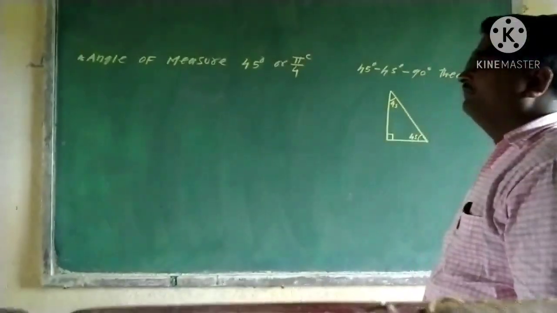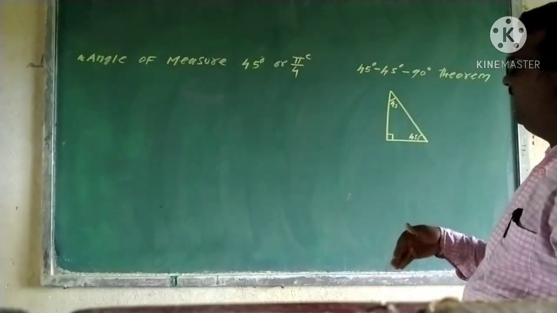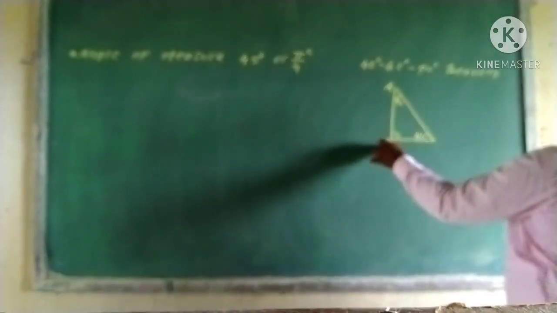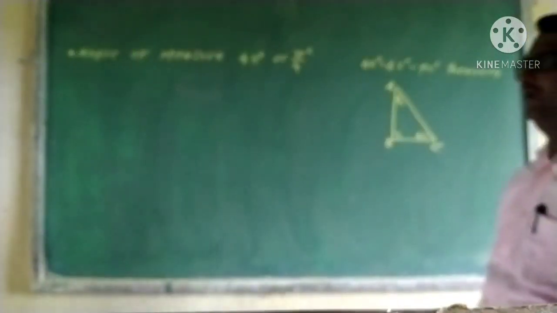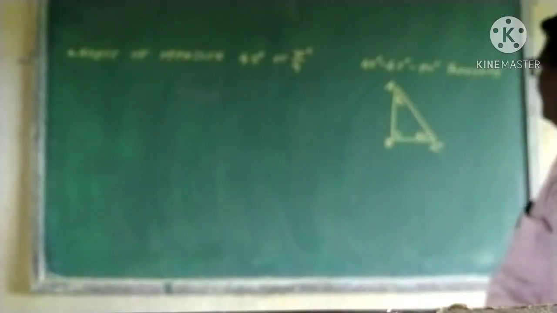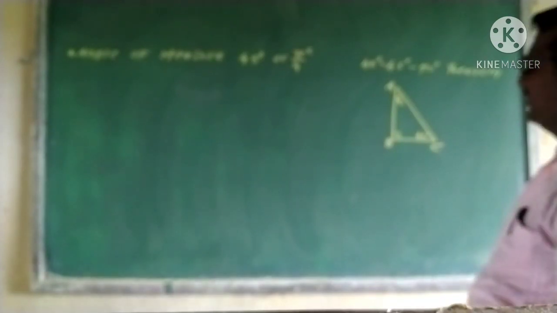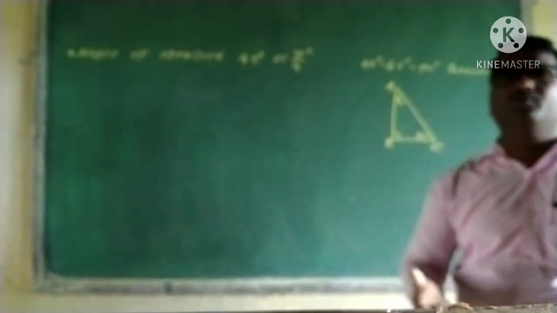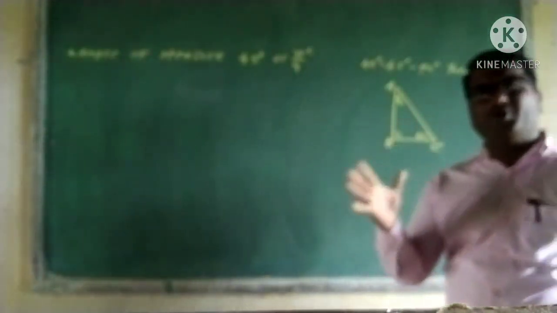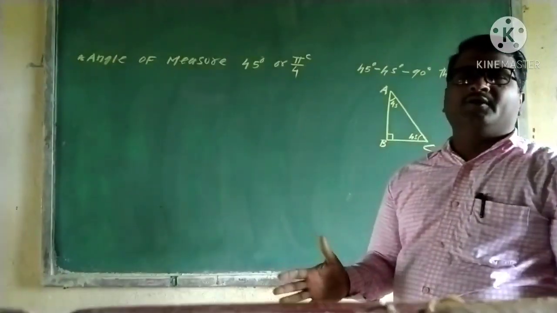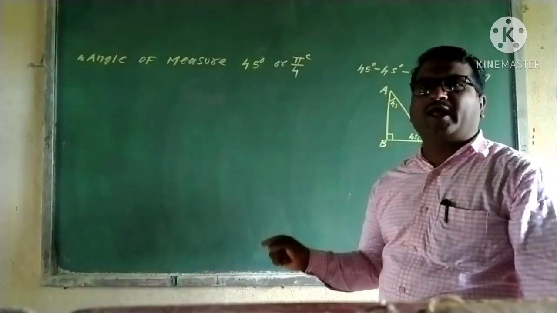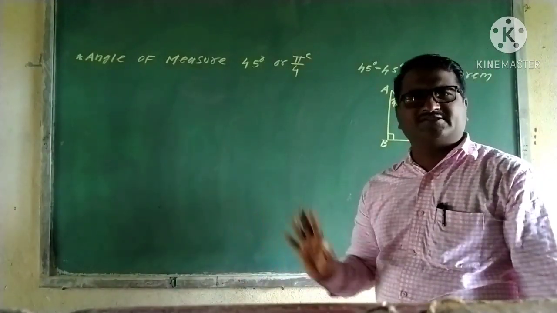By this theorem, suppose ABC is a right triangle with angles 45 degree, 45 degree, 90 degree. The side opposite to the angle of measure 45 degree is equal to 1 upon square root 2 times the hypotenuse.